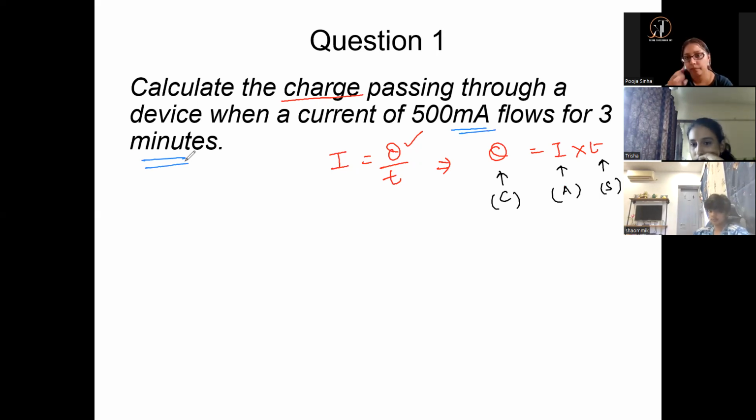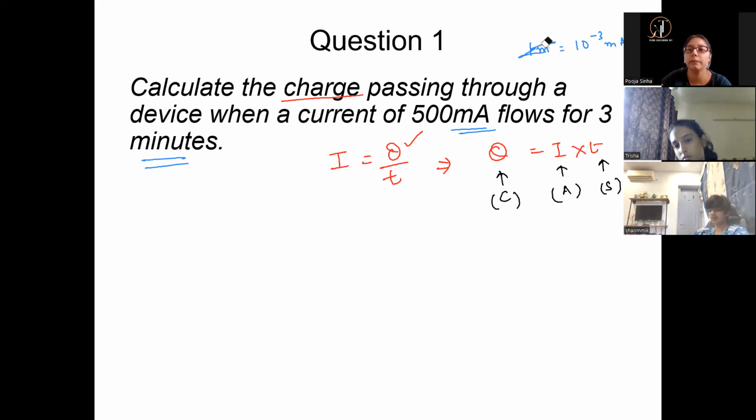What is the difference between millimeter and meter? 1 upon 1000.